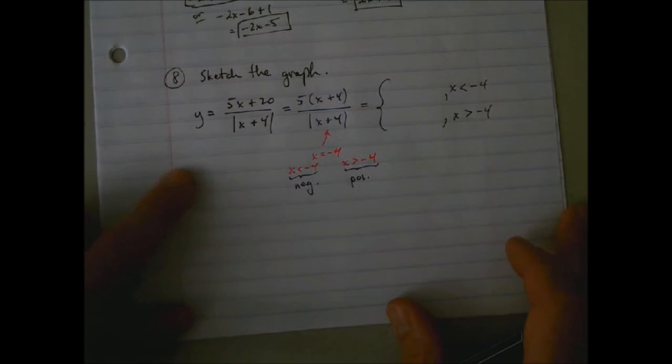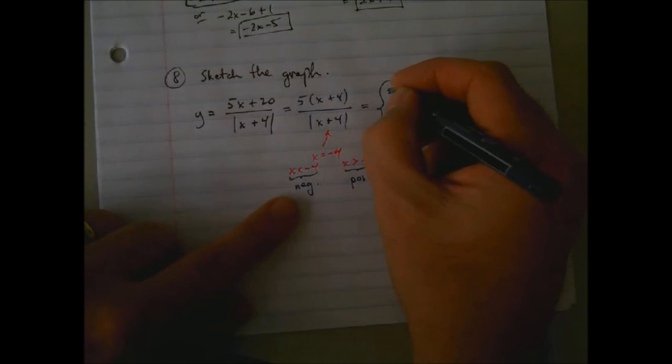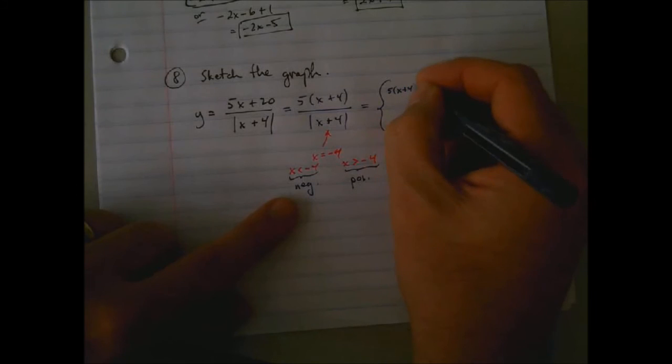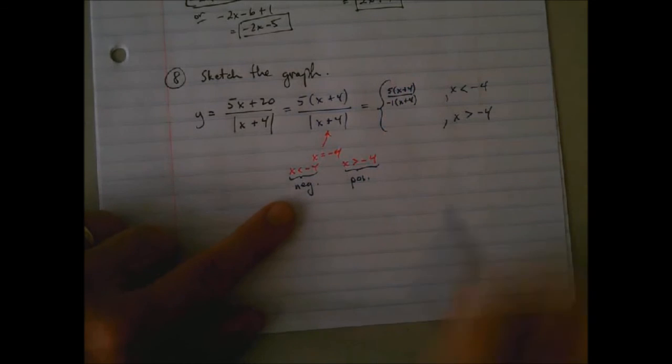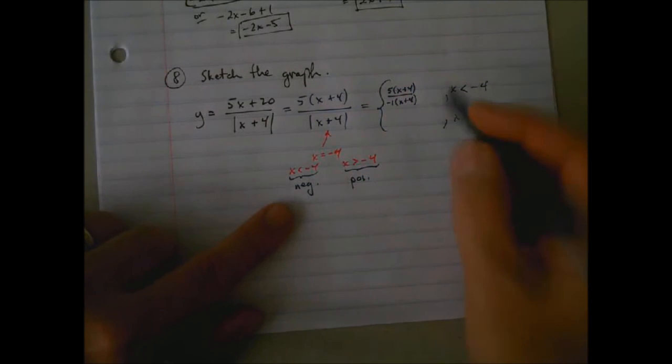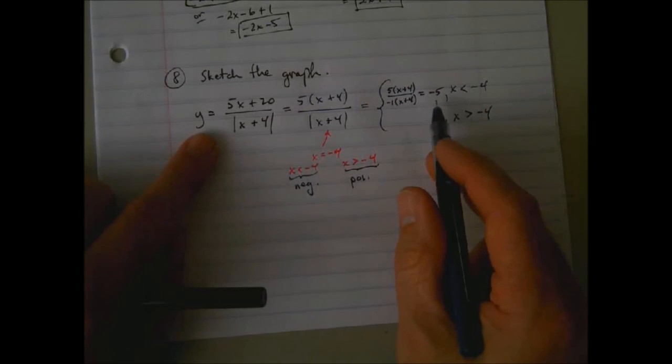Now the less than -4 is negative rule, so I have 5 times x plus 4 over, and I would have -1 times x plus 4. But notice the x plus 4 is reduced, and we're left with -5. Y equals -5, horizontal line.